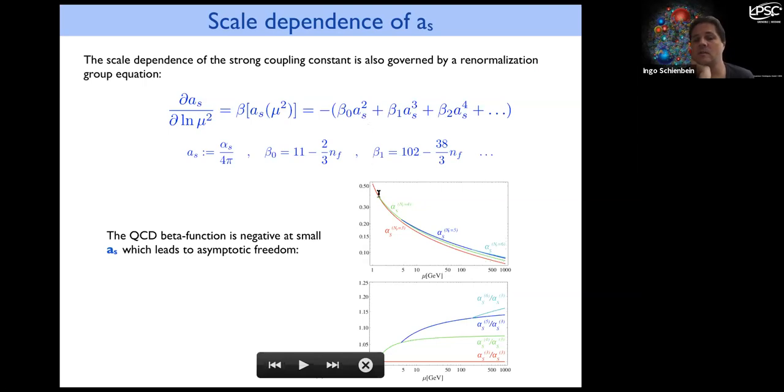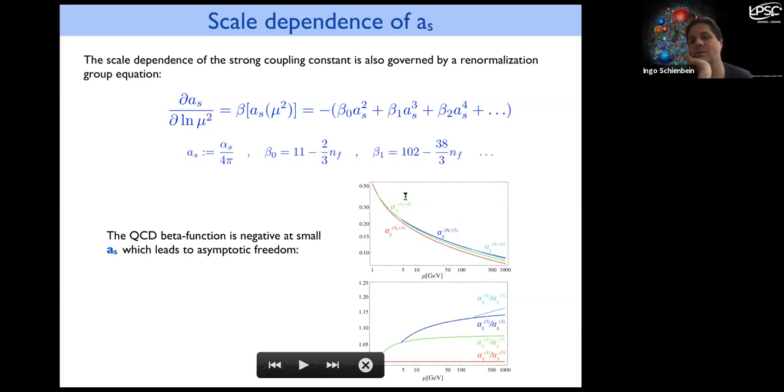And here you can then see even a figure showing how the running depends on the number of active flavors. So the short answer is, when you have more active flavors, the running slows down. If you just keep 3 flavors, alpha S falls faster.